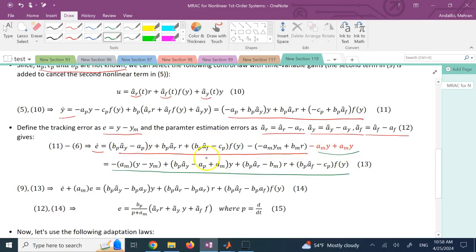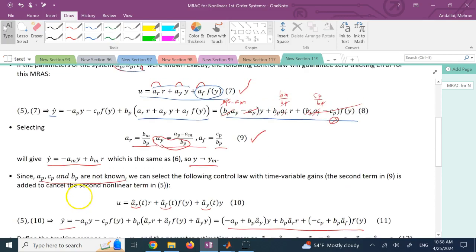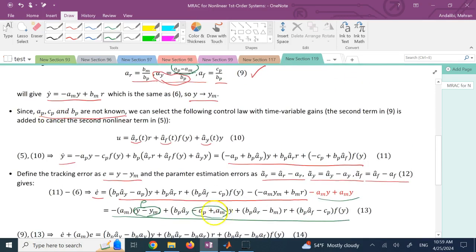Okay, so here we did some rearrangement. Now this term here is your e, so it becomes negative am times e, which you can take to the left side, so that's this guy here. If you look at here, remember the definition that you had for ap minus am, if we go back and look, this is ap minus am, that is am minus ap.